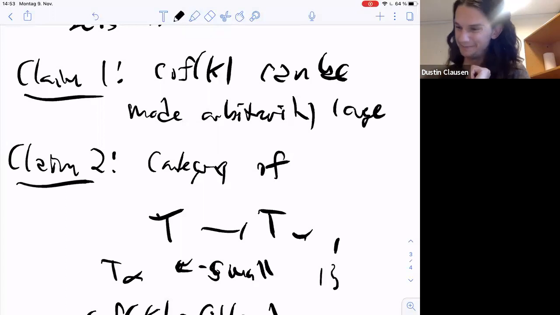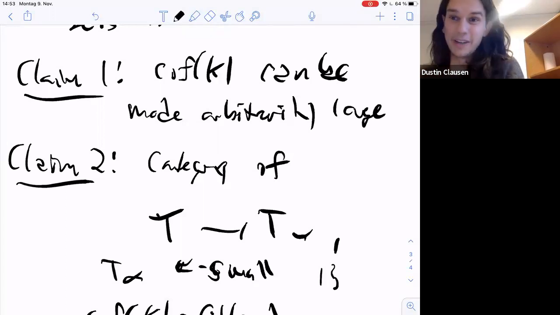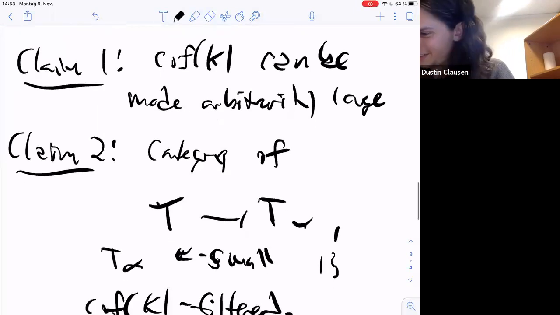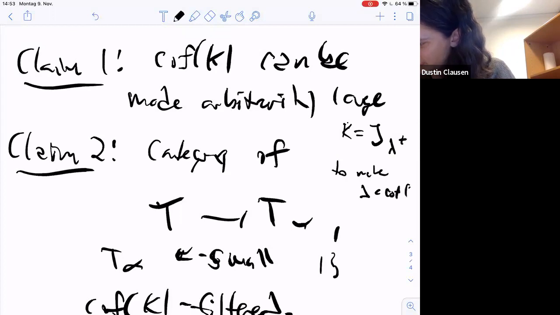Okay, and you can make the cofinality of an ordinal as large as you want by taking the successor ordinal of a given cardinal. So let me just write that out. You can take kappa to be Beth of lambda plus to make lambda less than the cofinality of kappa.